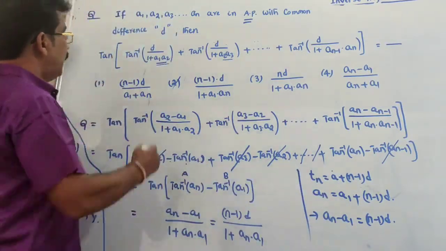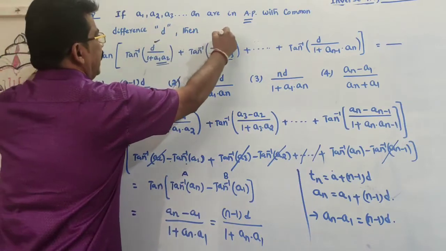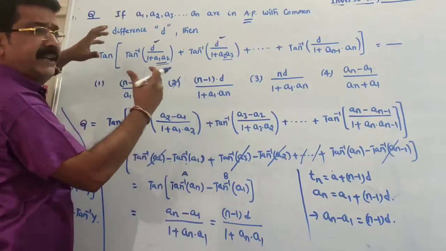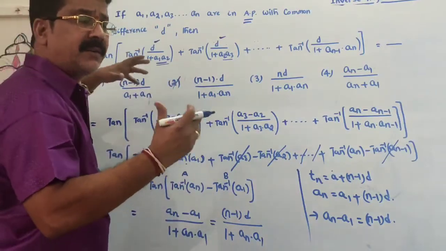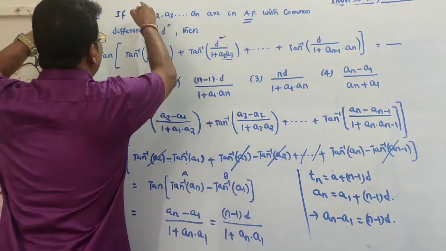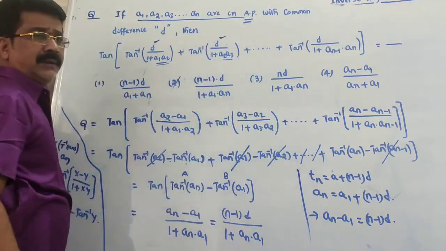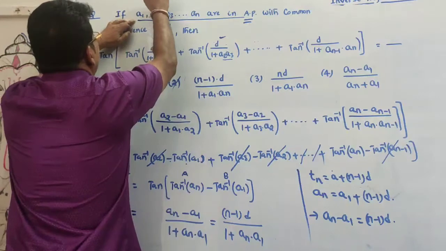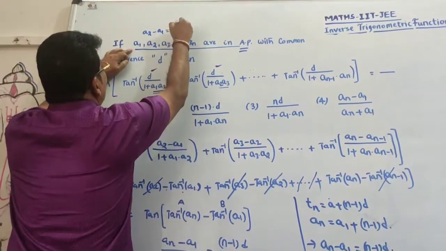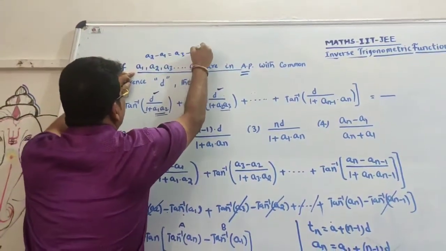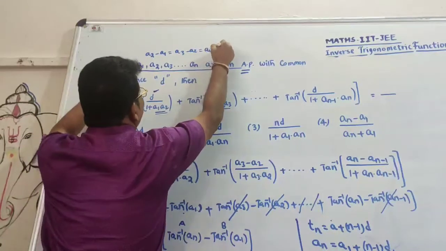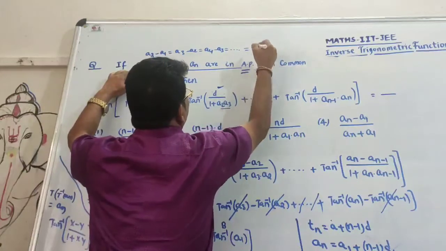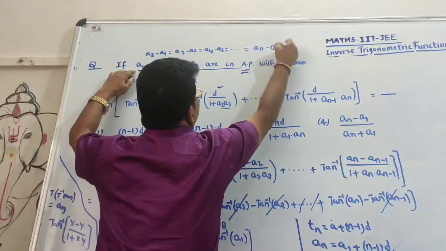Second observation, the common difference d can be taken according to the situation, according to the terms. Why? Because whenever a1, a2, a3, and so on, an are in arithmetic progression, then a2 minus a1 is equal to a3 minus a2, that is equal to a4 minus a3, and so on, that is equal to the last term an minus its preceding term.